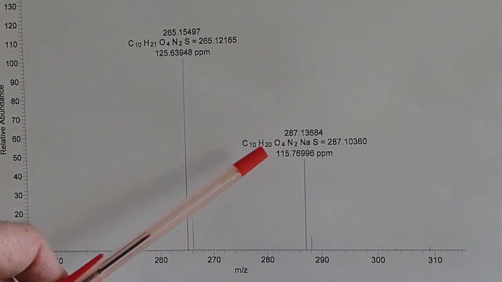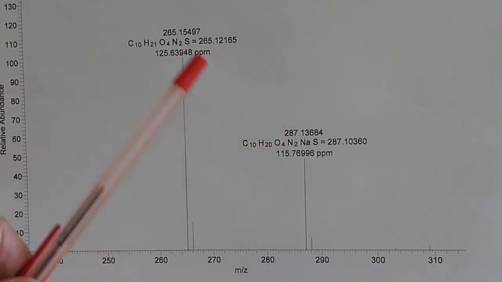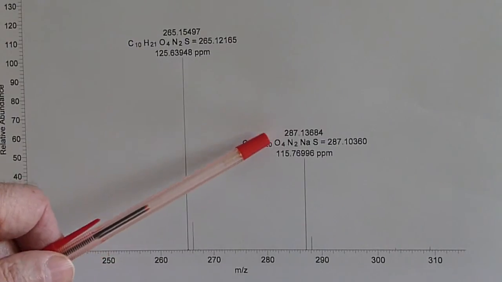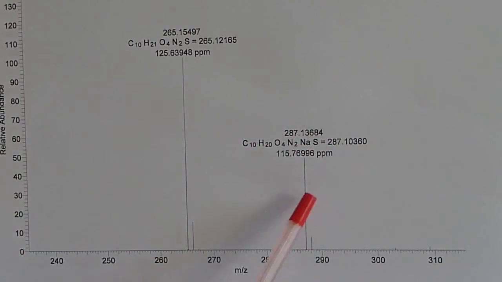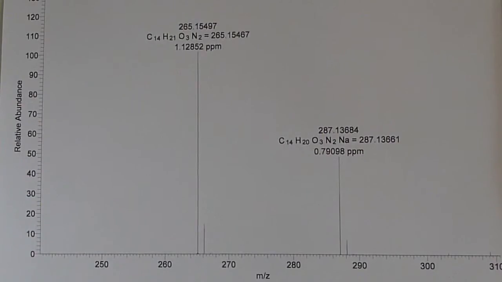If we examine the presumed sodium adduct, again, this is our theoretical composition, our theoretical weight, and the difference again is greater than 100 parts per million. In mass spec terms, that's humongous.